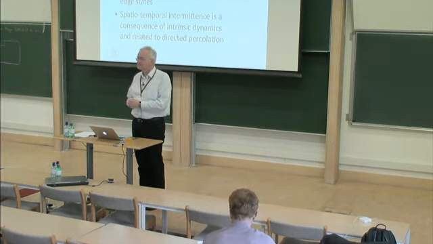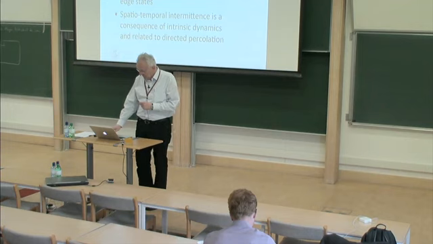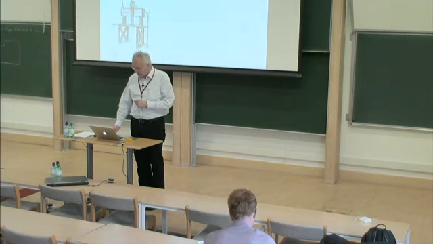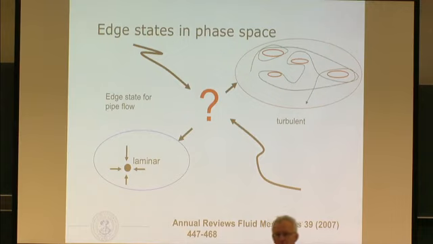Other question or comment? Can you remind me what the edge states were that you said? The ones at the boundary between the laminar and the turbulent. Where are we? This one. You have the laminar, which is stable, you have some kind of turbulence up there, and you would like to know what separates one from the other.